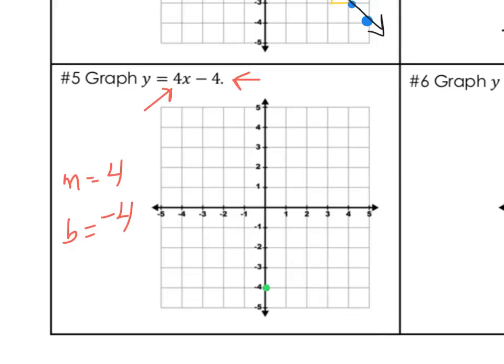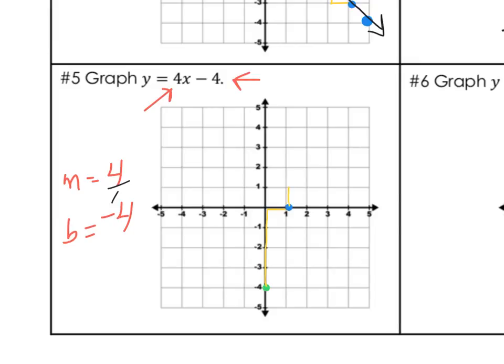Recall, we need rise over run. So we're going to go 4 over 1. It's a positive slope. So we're going to rise 4, run 1. Put another point there. Do it again.